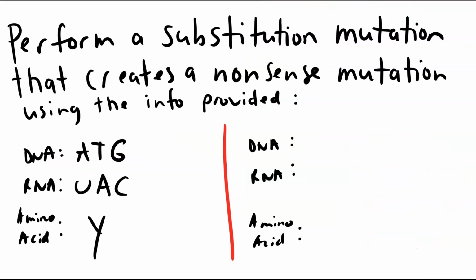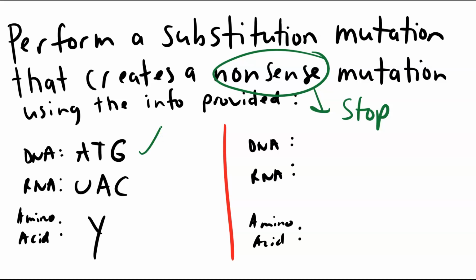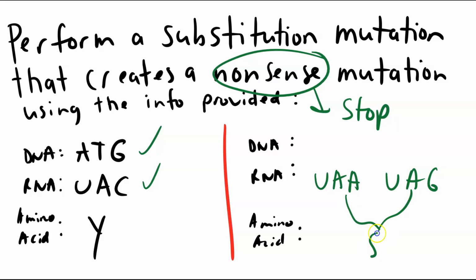Last but not least, I want to do a substitution mutation that leads to a nonsense effect. So this nonsense mutation or effect is going to result in a stop. Okay, so here we have the DNA sequence ATG, which gives you UAC. That's tyrosine. Now if I change one of these last letters, ultimately getting to a UAA or a UAG, that's going to give me, in both cases, a stop.